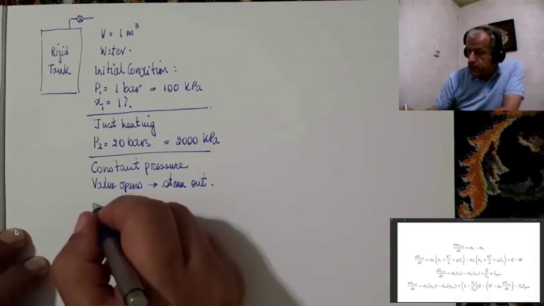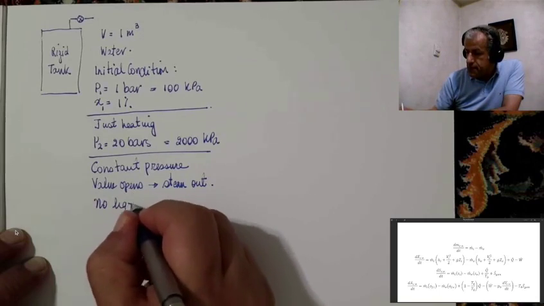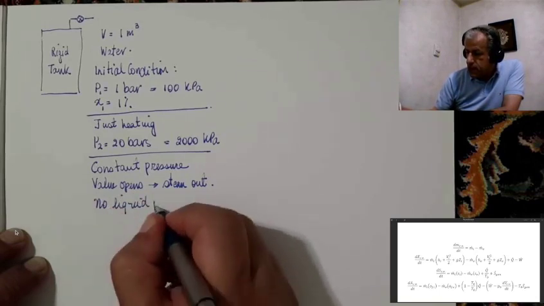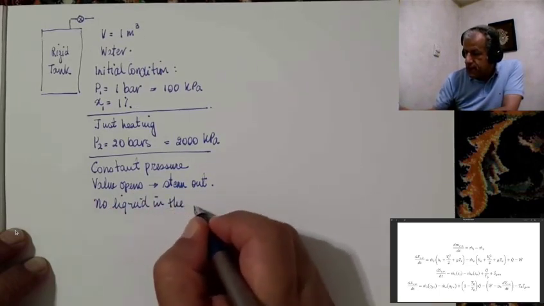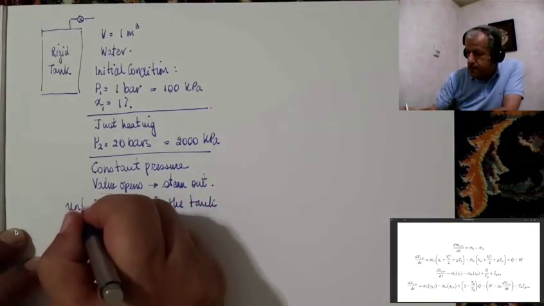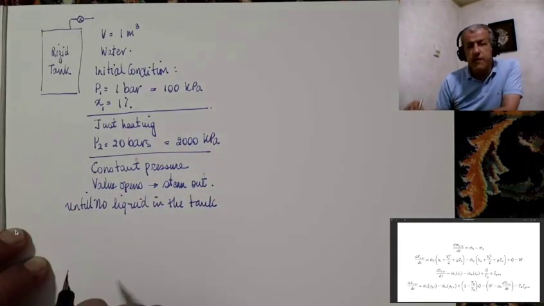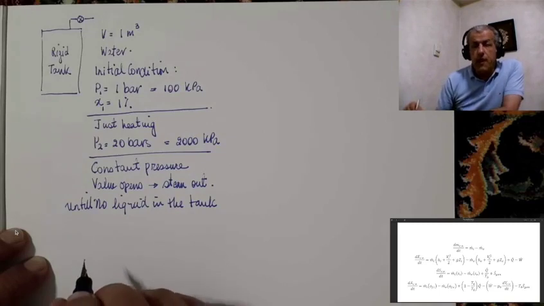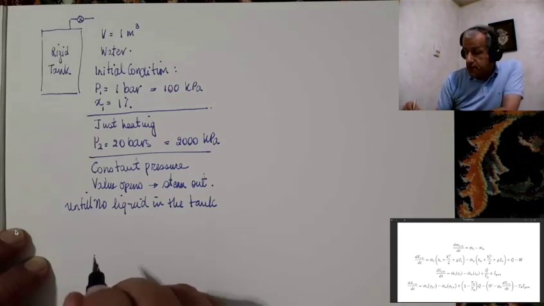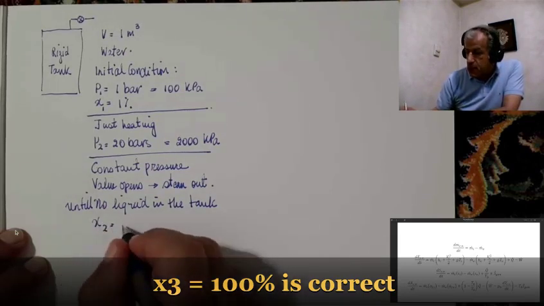So whatever there is in the tank is only saturated vapor. Okay, so X2 is 100%.